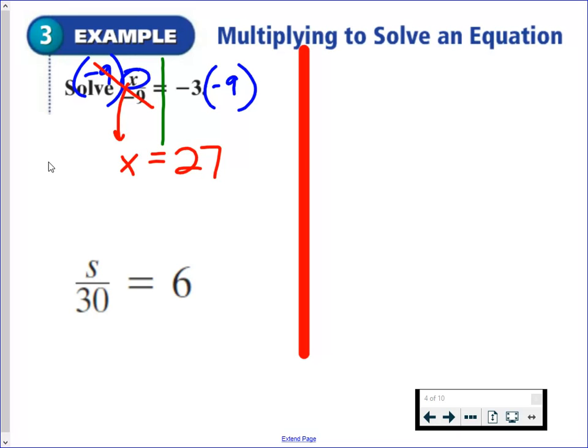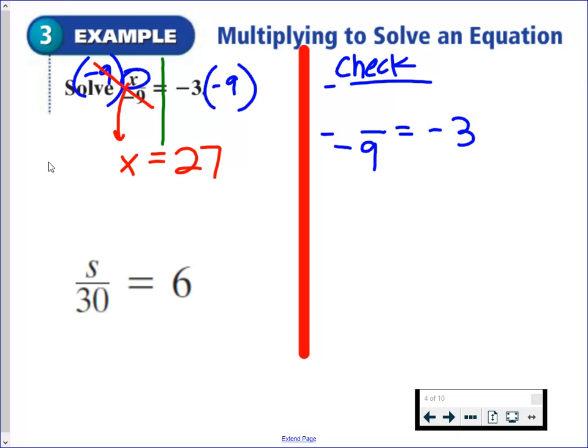Why is there this big red line on my screen? Oh, because I still need check boxes. Some people have actually been drawing a box. Wonderful. Some people have been folding their paper in half to make a checks column. Wonderful. But you must be doing this. So over here, it used to say x divided by negative 9 equals negative 3.